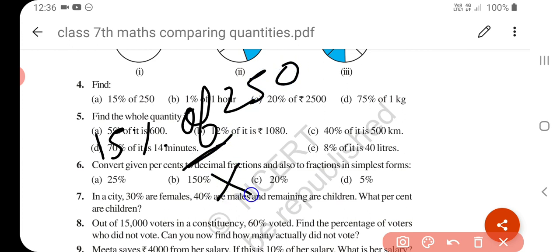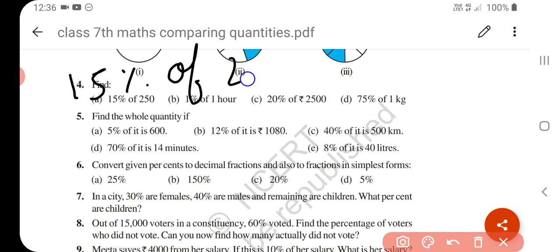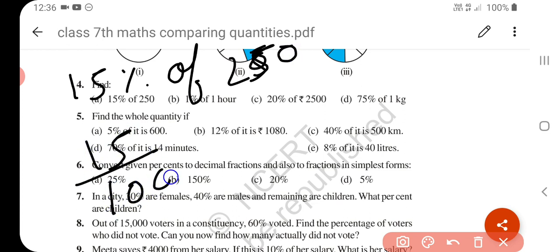The meaning of of is multiplication. And what is the meaning of percent? Wherever the percentage sign is, what does it mean, children? The meaning of the percentage sign is 1/100. So our question is 15% of 250, meaning 15/100 of, meaning multiplication, 250.